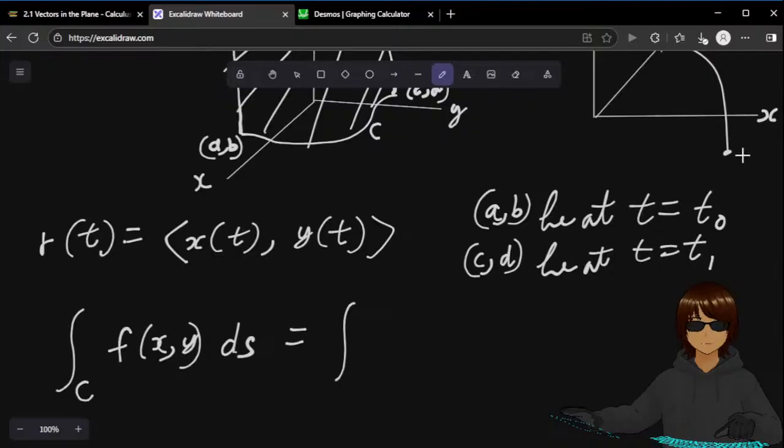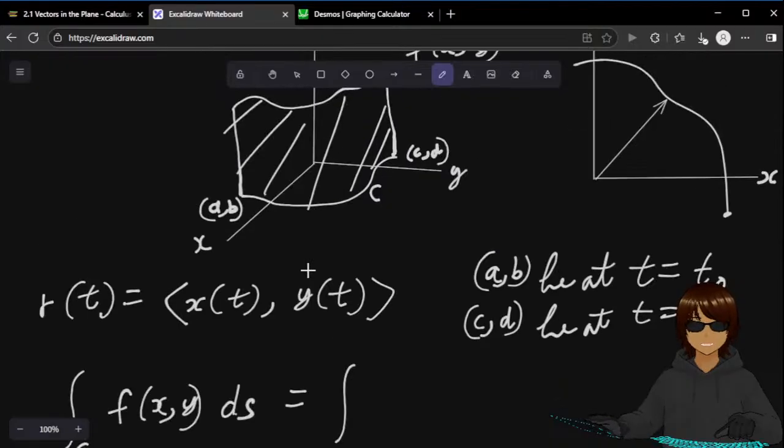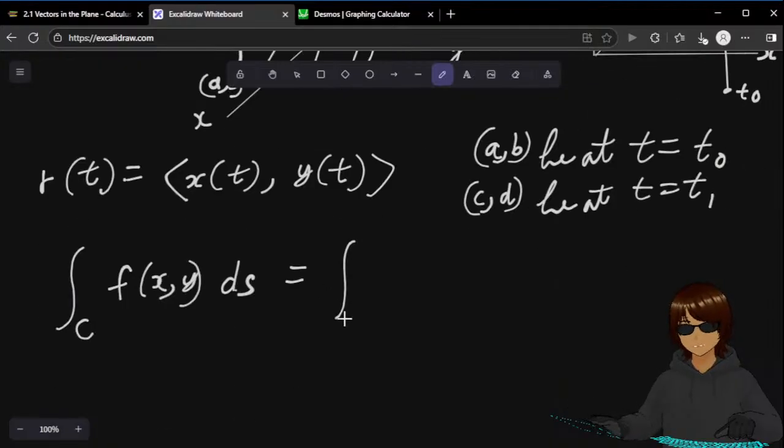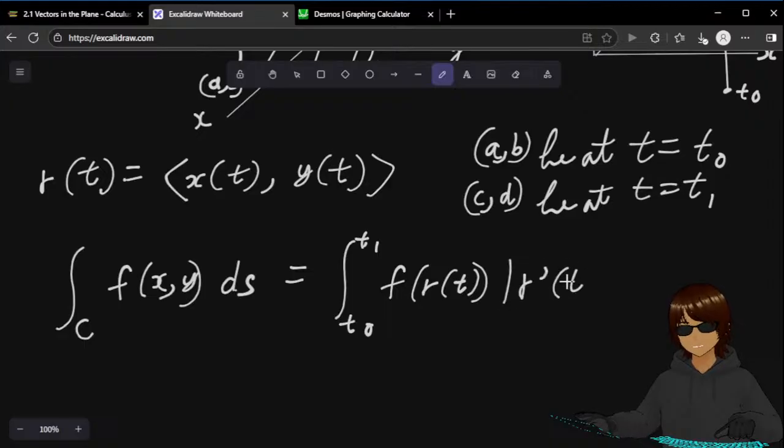So this here is A B, but let's call it t naught, and then all the way till here t1. So from t naught to t1, we evaluate f at all the r of t values, and then you multiply it by the modulus of the derivative, dt. This is how we evaluate the function.